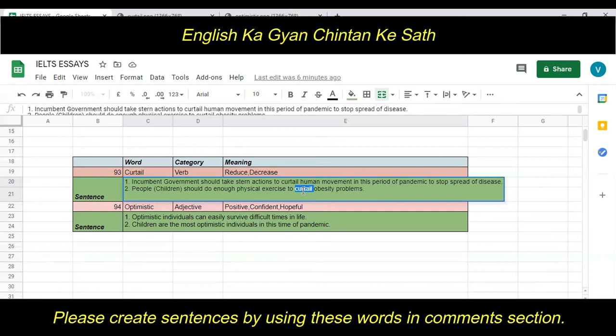Because of that it is necessary for them to do enough physical exercise to decrease obesity problem, right? So instead of using decrease we have utilized the word curtail.